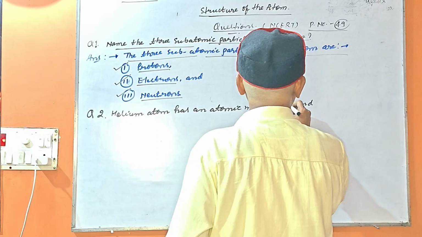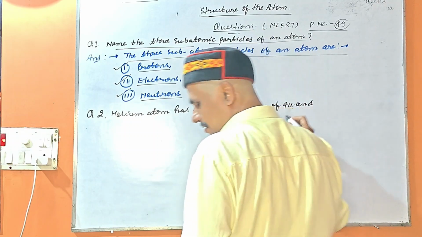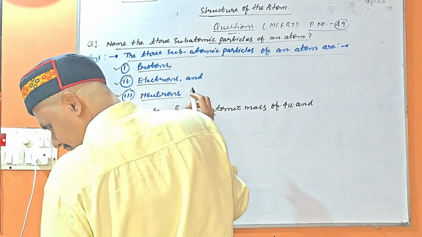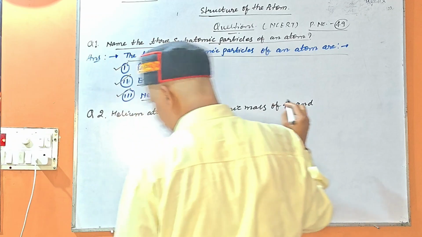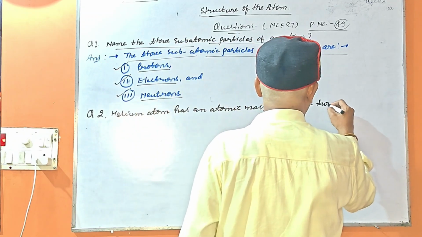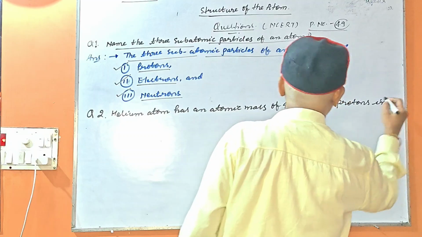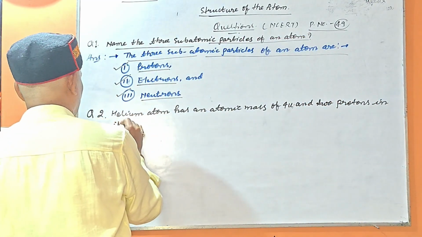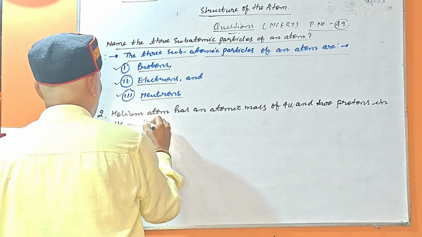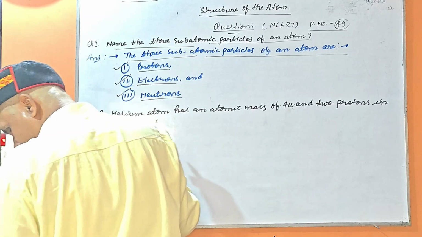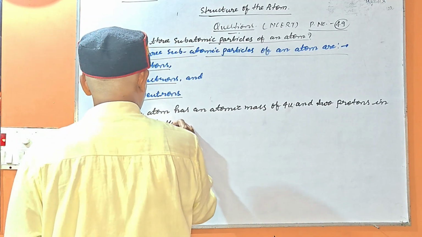U is the symbol of atomic mass. How many neutrons does it have?